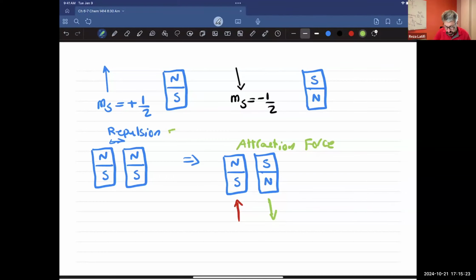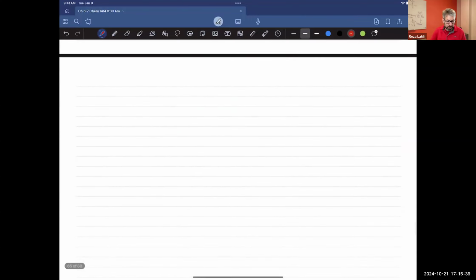This one was the repulsion force, where we had one electron pointing up, and this one also pointing up. Now, in order to put two electrons in one orbital, you need to flip the spin of one of the electrons, and that's going to be the Pauli exclusion principle.